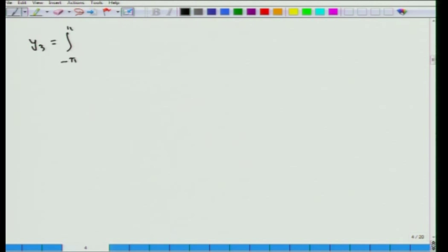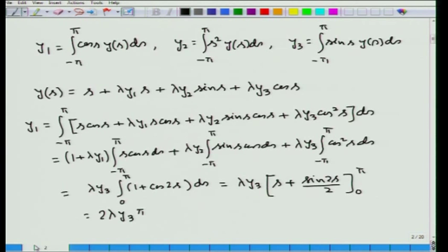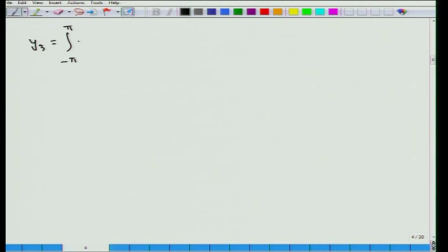integral minus pi to plus pi. You can recall the definition, this is minus pi to plus pi sin s y s ds.